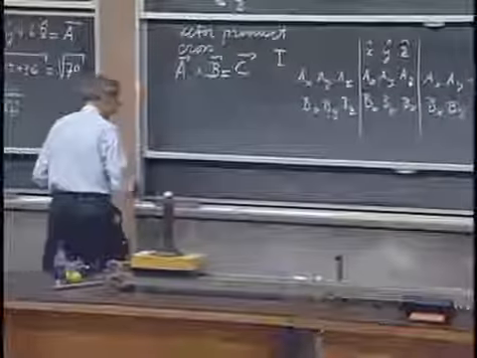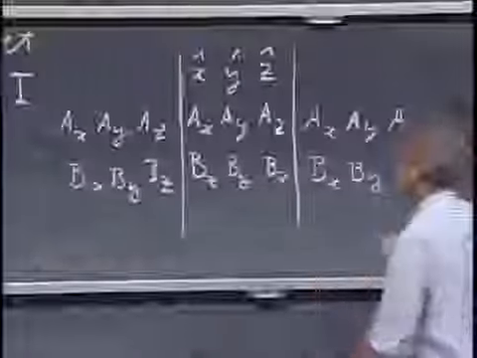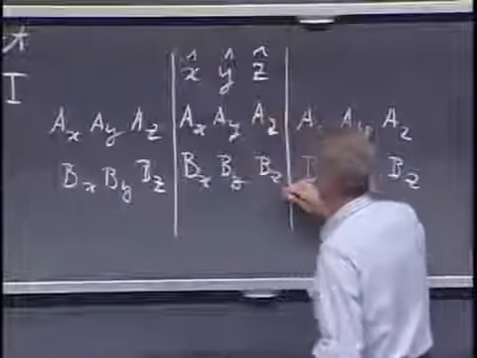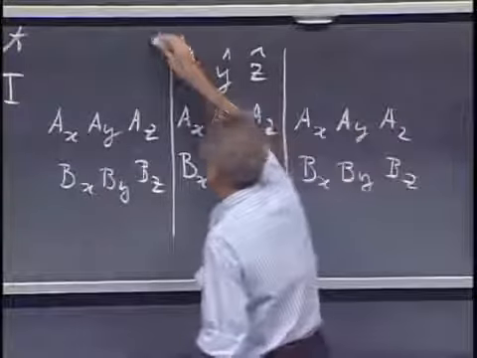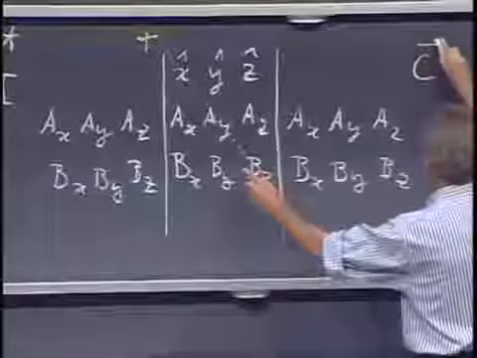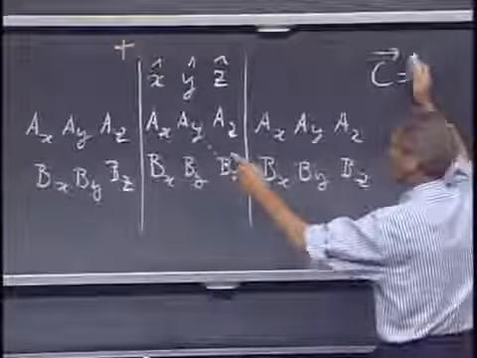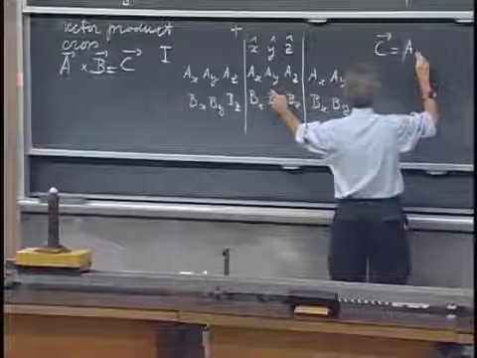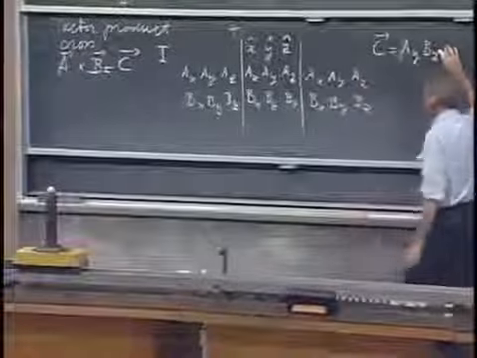You go from the upper left-hand corner to the one in this direction. You multiply them all 3, and that's a plus sign. So you get AY, so C, which is the cross A cross B, equals AY times BZ times the X roof.